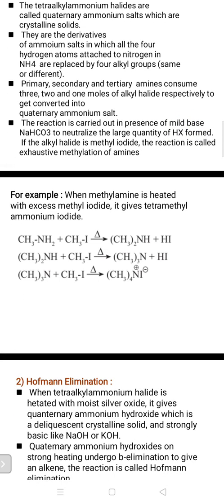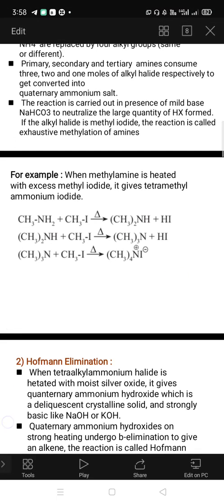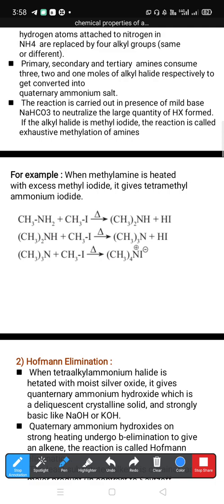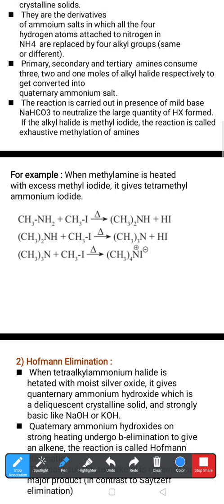For example, when methylamine is heated with excess of CH3I, meaning methyl iodide, finally we will get tetramethyl ammonium iodide. But this reaction we can perform in three steps. Step 1 is CH3NH2 plus methyl iodide, by heating, will give (CH3)2NH plus HI.